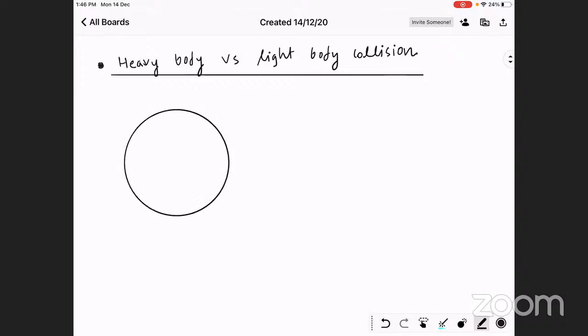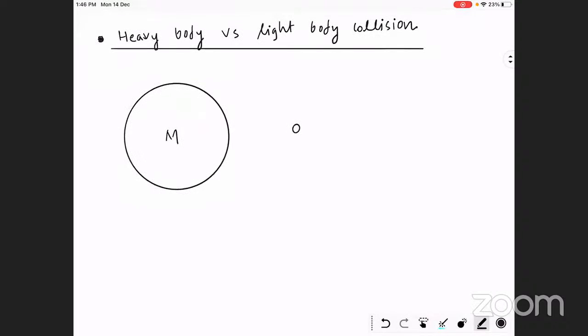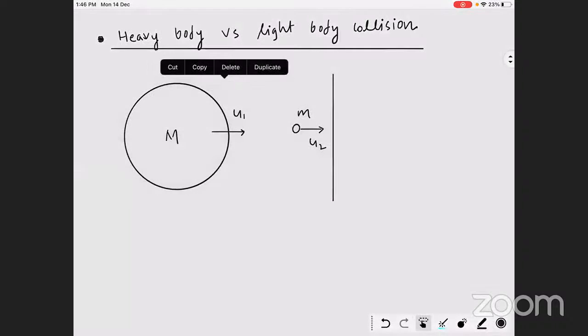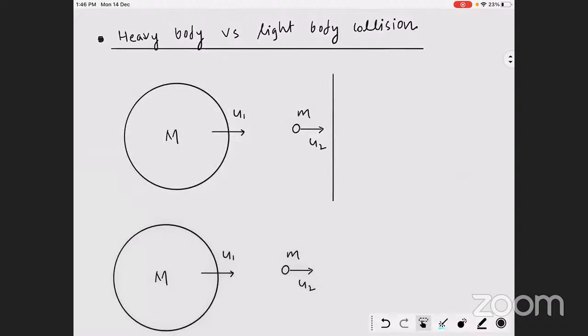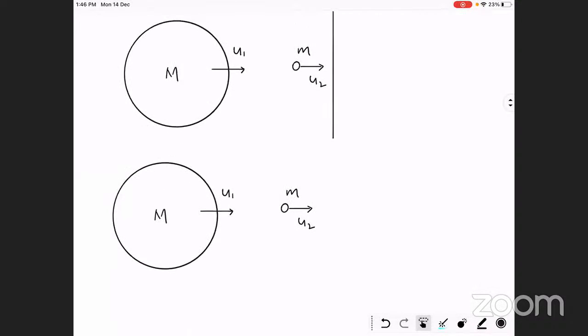Now imagine a big ball of mass capital M and assume a small ball of mass small m. They are moving with velocity u1 and u2. This is the picture before collision. Capital M is very much greater than small m.